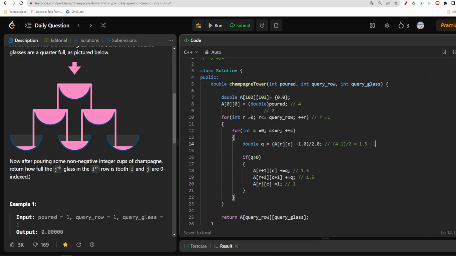So we will be doing the same with 1.5 and then we will be dividing it by 2. When we simply do it, it will become 0.75.